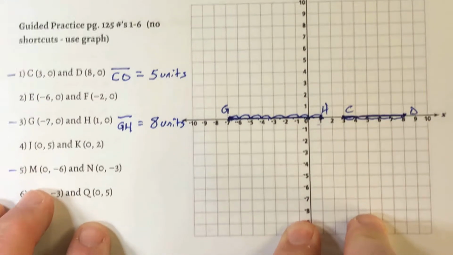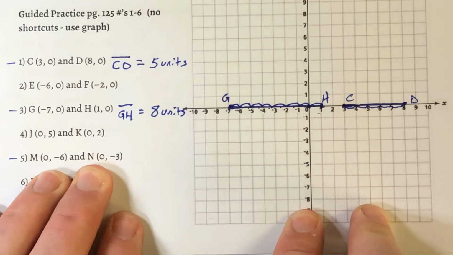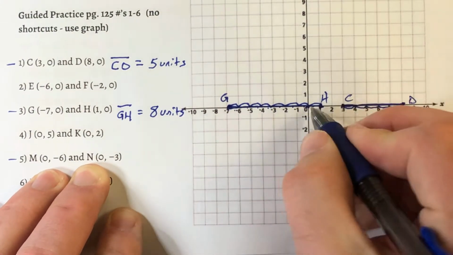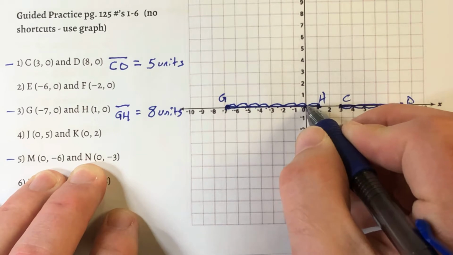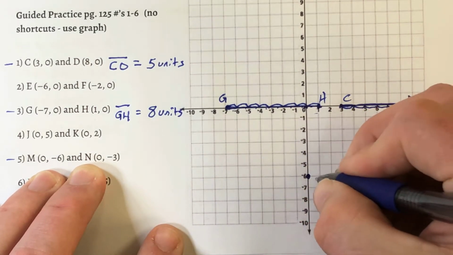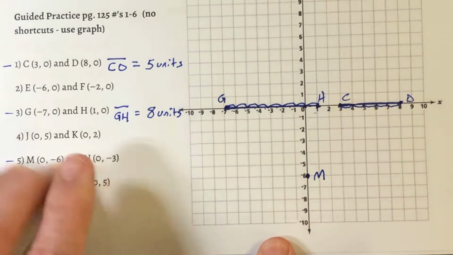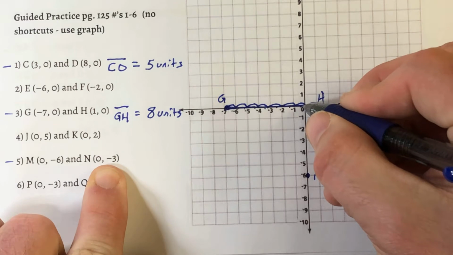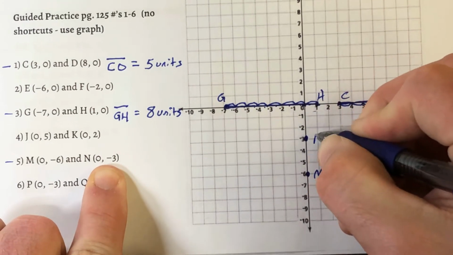All right, one more example. Let's do number 5, (0, -6) for M. So go left or right 0, down to -6. And that's point M. All right, N is at (0, -3). So left or right 0, down to -3.